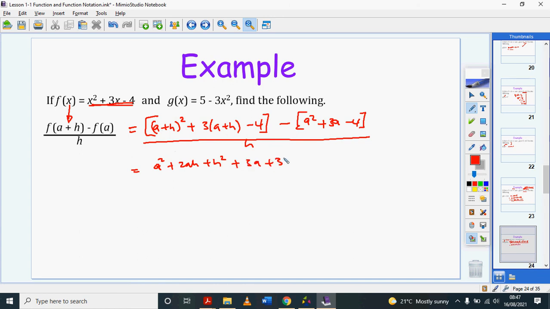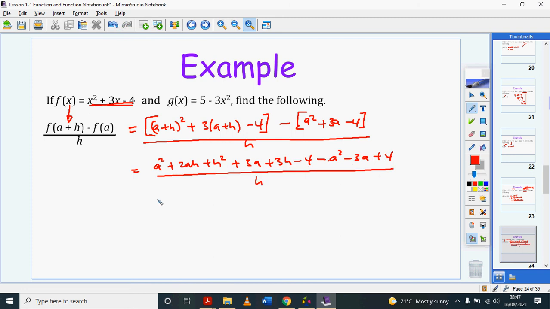And then I'll go to the second parenthesis. Second parenthesis is going to be minus a squared minus 3a plus 4. All of that is divided by h.